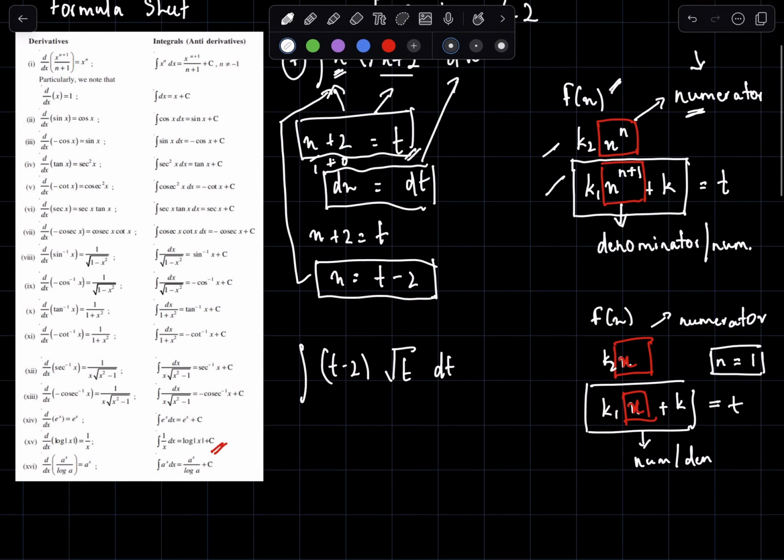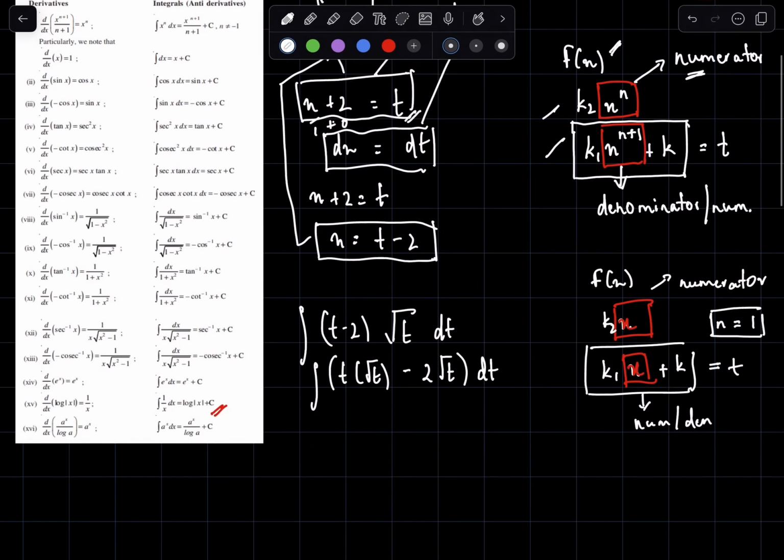Now you open the brackets, which is integral of t times root of t minus 2 root t, the whole thing dt. Simple, right? I just open the bracket, multiply this with this, multiply this with this. This is what you get. Now you know the basic rules of integration. Now you have to integrate them individually.